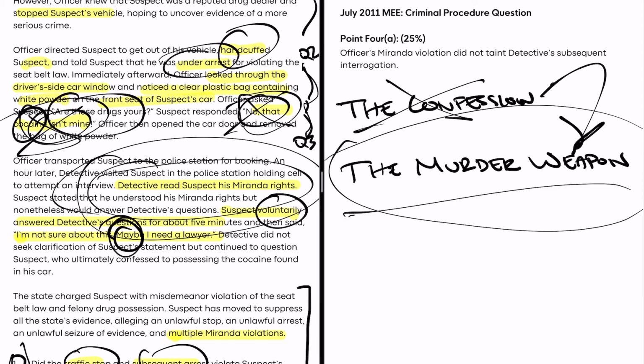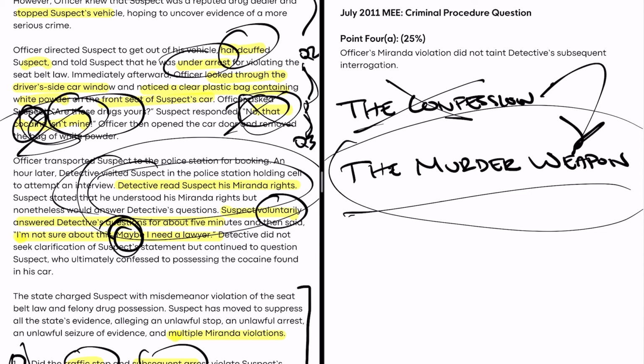Well, the key is the murder weapon is admissible even though it's derivative evidence obtained as a result of the Miranda violation, because evidence obtained from voluntary statements, even if in violation of Miranda, is admissible. Even if it's derivative of the Miranda violation, if it's a voluntary statement, it is admissible.